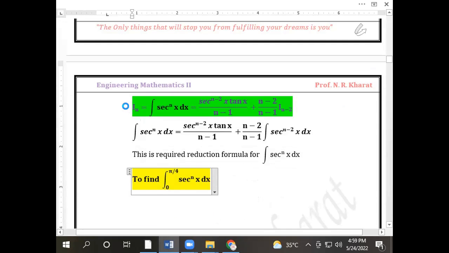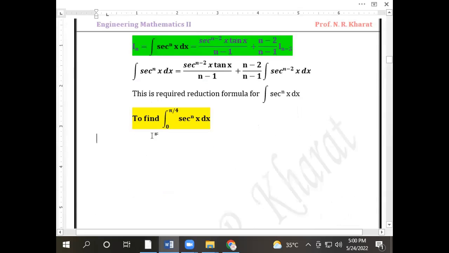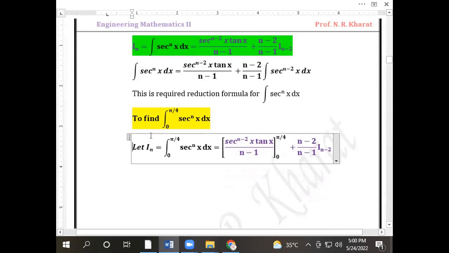For this, we have to use this In reduction formula for sec, replacing the value for upper and lower limit. So here we are putting the upper and lower limit.